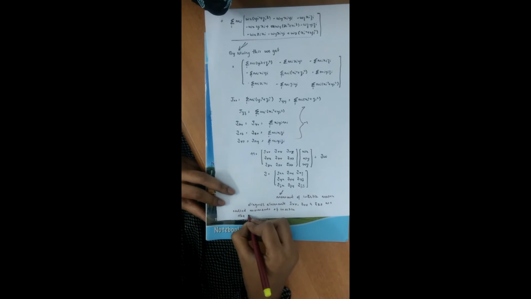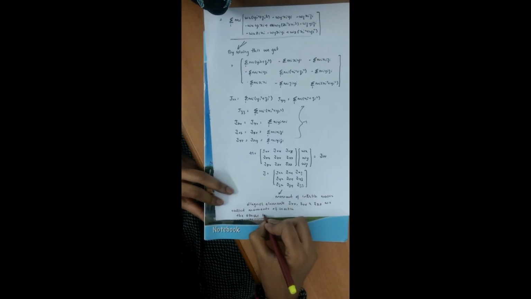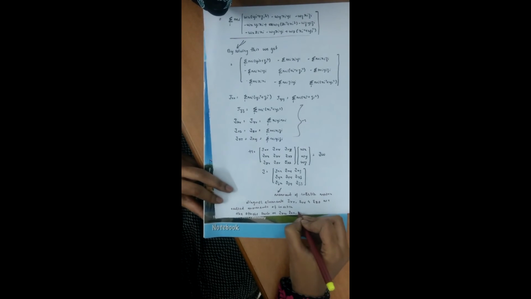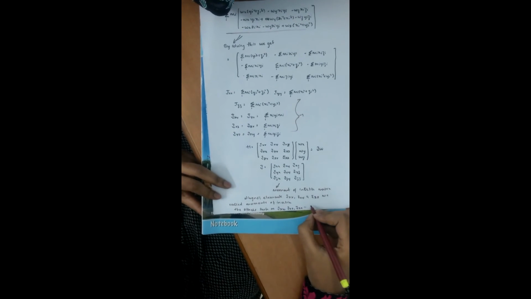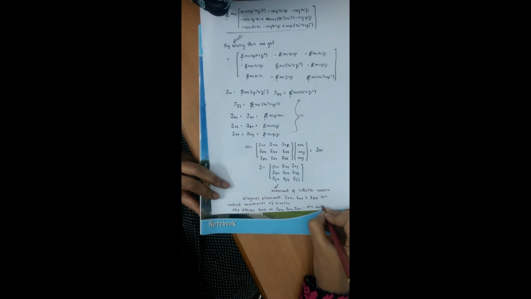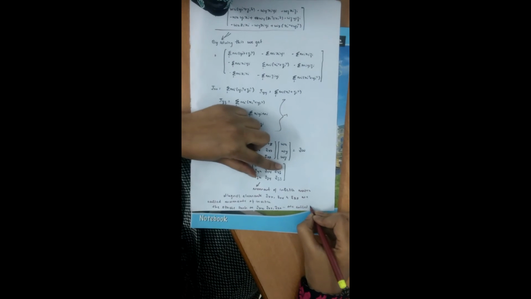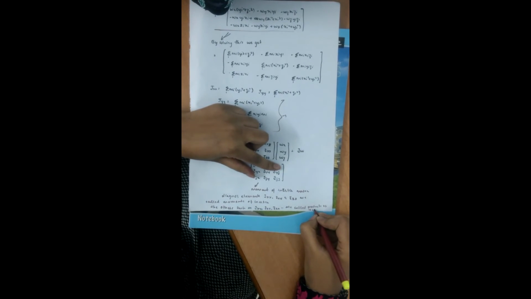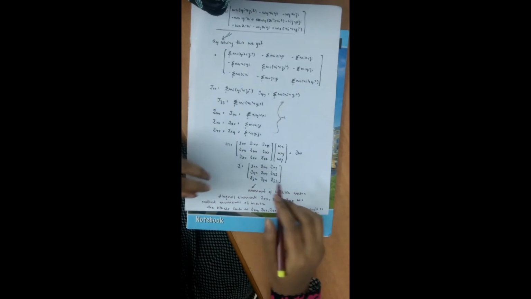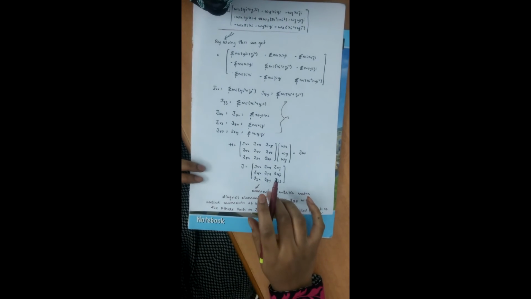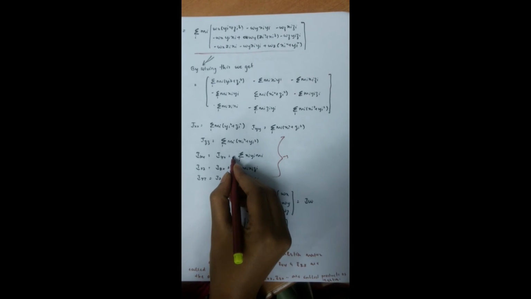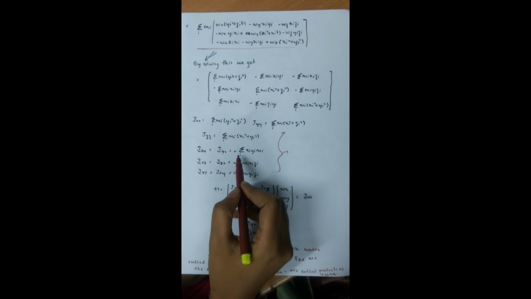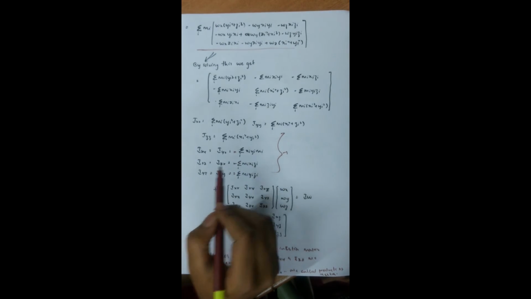The others, such as Ixy, Iyz, Izx, and so on, are called products of inertia. This matrix is symmetric. Yeah, there was a negative here because there is a negative over here, so we get negative. I forgot to mention it.